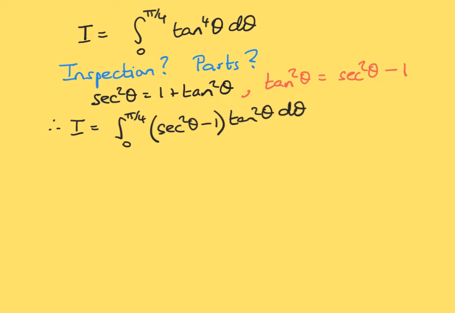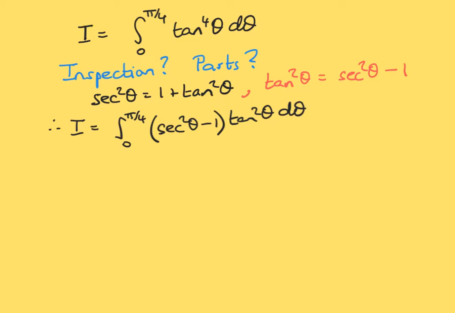Now, surprisingly, if you think about it, the first integral, sec squared theta times tan squared theta, is easier, and we can do it by inspection. And this is because sec squared theta is the derivative of a tangent, so we have a function to a power squared multiplied by the derivative of the function. So we can do that by inspection.